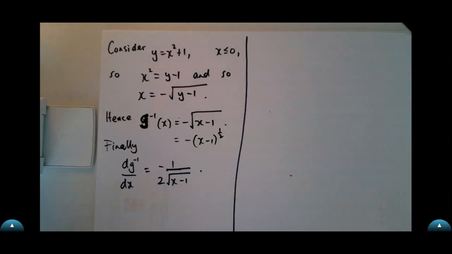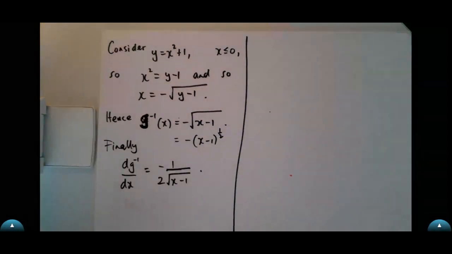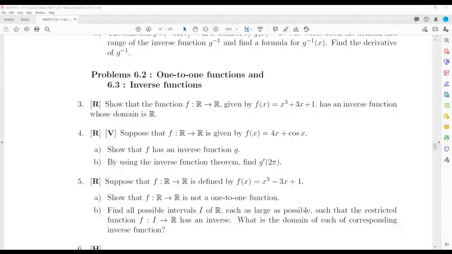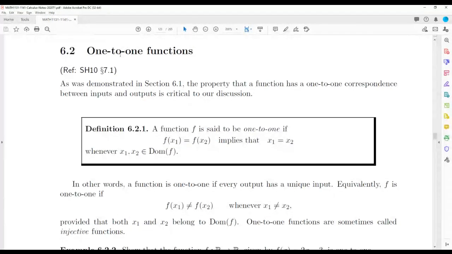Okay, let's have a look at another question. Oh, yeah. So let's have a look at question 3, and I'll share my PDF with you. Okay, so question 3, one-to-one functions. Now, oops. So here's how you define a one-to-one function, and it's very easy to test geometrically.